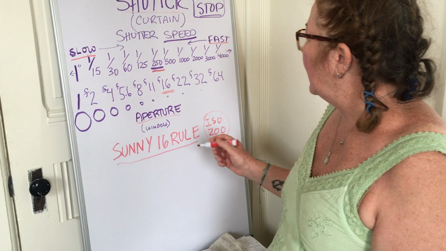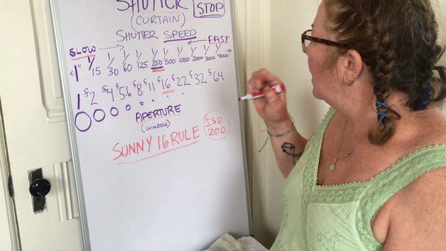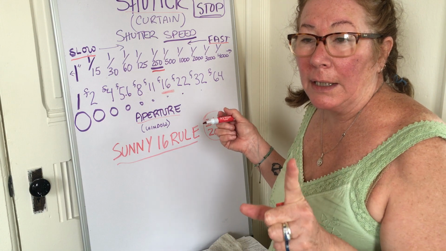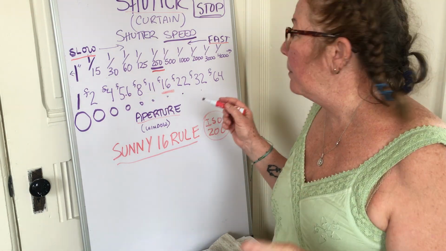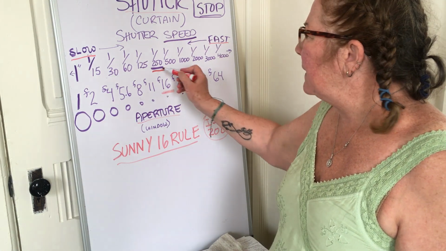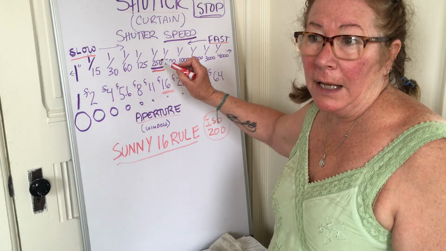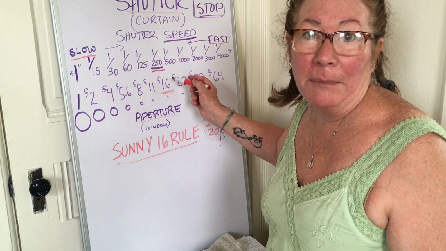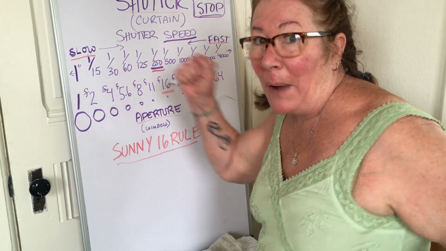So let's say we're starting off once again at f16 and 250. And once again, it's a bright sunny day, but this time I'm going to take a portrait. And in this case, I want to blur out the background. So in this case, the aperture is kind of important. The shutter speed's not so important because I'm taking a portrait and the person's going to be sitting still, right? They're not going to be running away from me, trying to get away from the portrait.